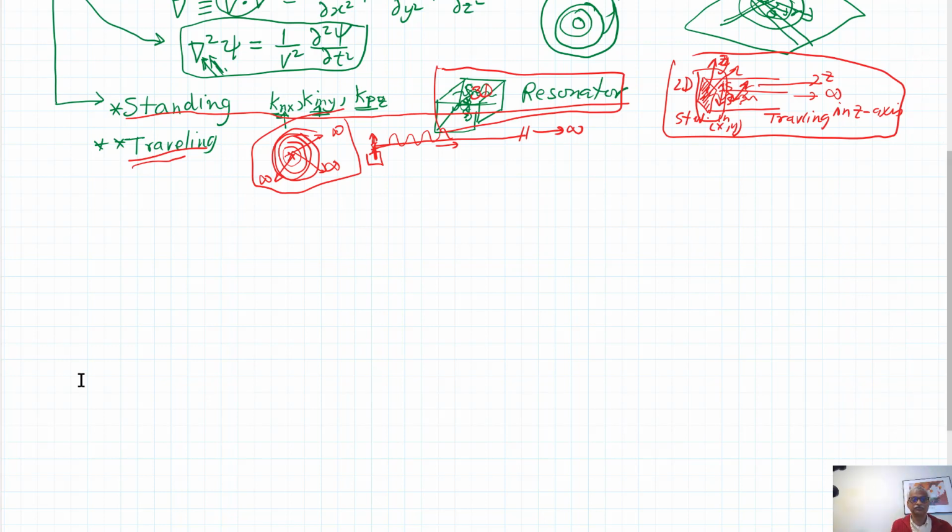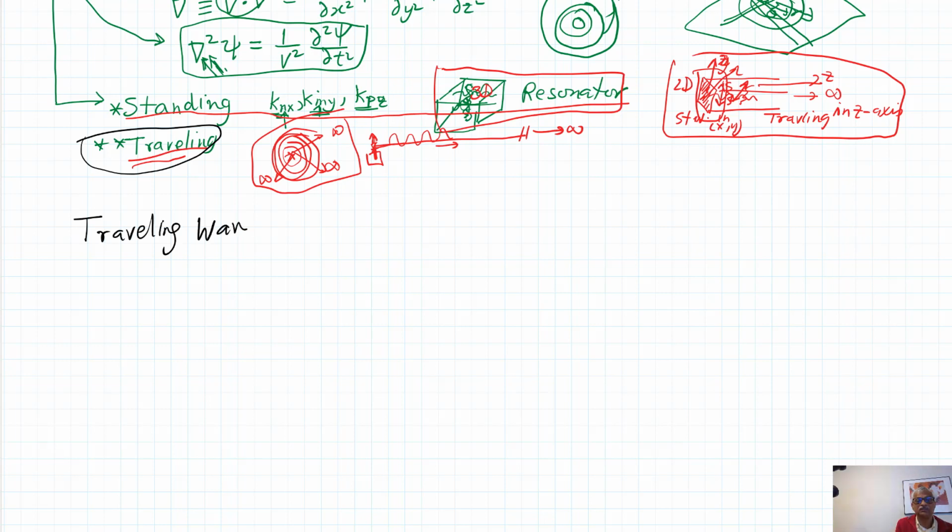Okay, so if we wanted to do a 3-dimensional wave, let's look at just the traveling wave first. We're going to do the standing wave in another lecture because it requires a little more boundary condition matching and things like that. But the traveling wave in 3 dimensions will be restricted to a traveling wave in free space.